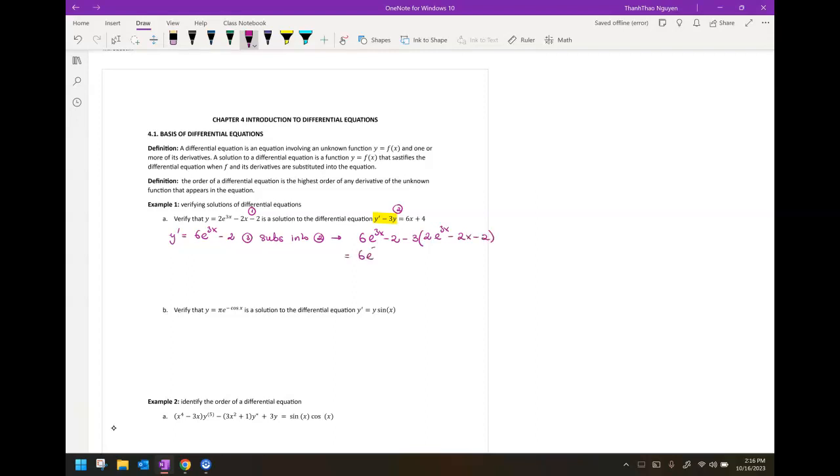This is equal to 6e to the 3x minus 2 minus 6e to the 3x plus 6x plus 6. Simplify, we get 6x plus 4. So this is the right-hand side of equation 2. Therefore, equation 1 is a solution to the differential equation 2.